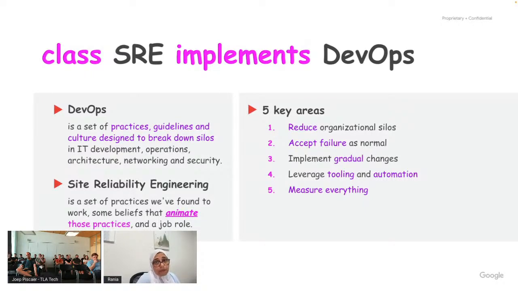The 5 key principles are the same 5 key principles that we have in DevOps, but I'm going to show how SRE helps with those 5 key principles and delivers them out of the box, and even innovates and transforms the implementation of DevOps and DevSecOps.